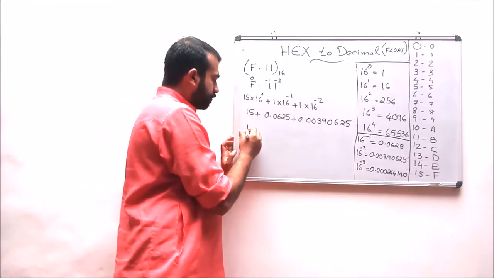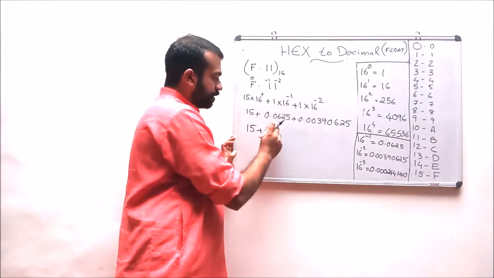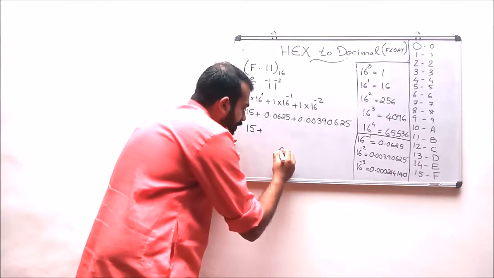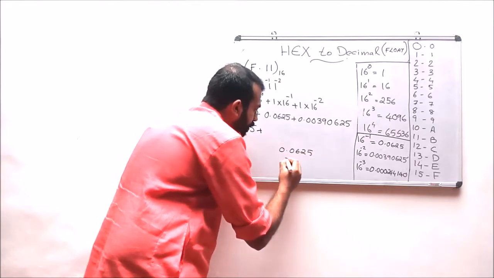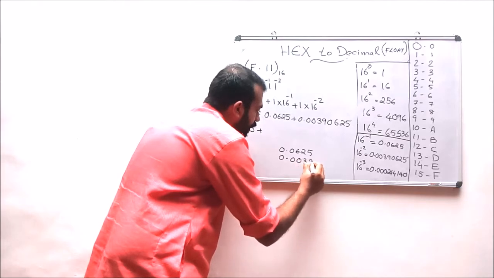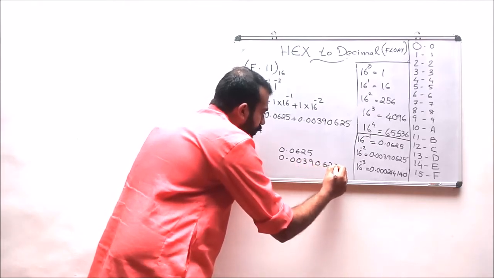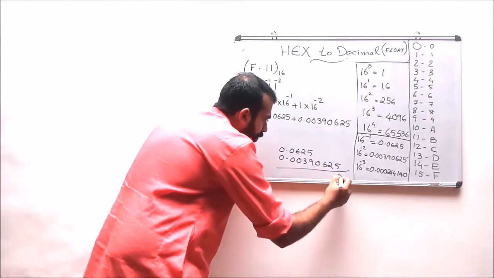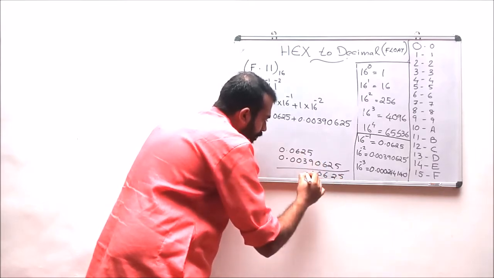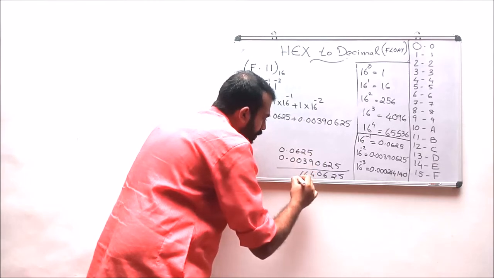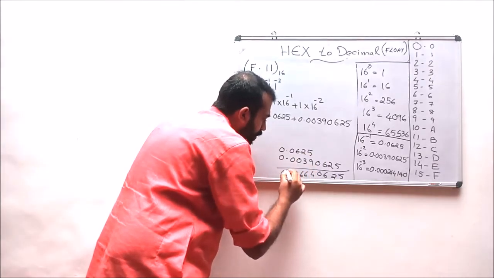So which is equivalent to 15 plus, when we add 0.0625 with 0.00390625, the result will be 0.06640625.